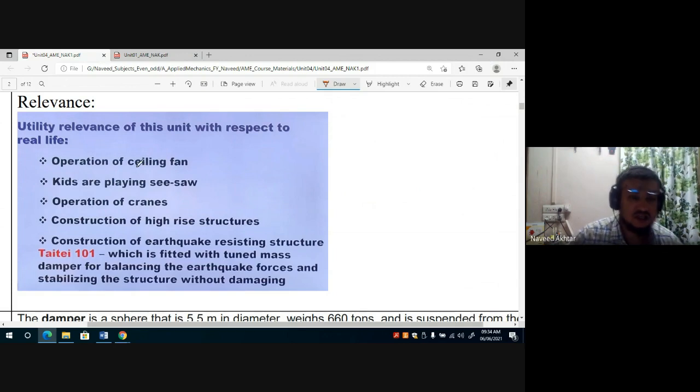Generally, we see kids in the garden playing on a seesaw. It is on a wedge, and over the wedge there is a platform, and the kids are playing and balancing the seesaw like this. When we apply the force, it will come up and it will balance. When both forces or moments are balanced, it is at a horizontal position.